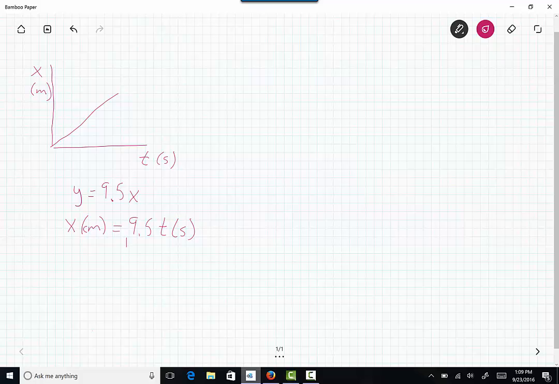So this 9.5 here represents the slope of our line, which, remember, the slope is the change in y over the change in x, which in this case is the change in position over the change in time, which, as I said in the other video that I made recently, is a velocity.